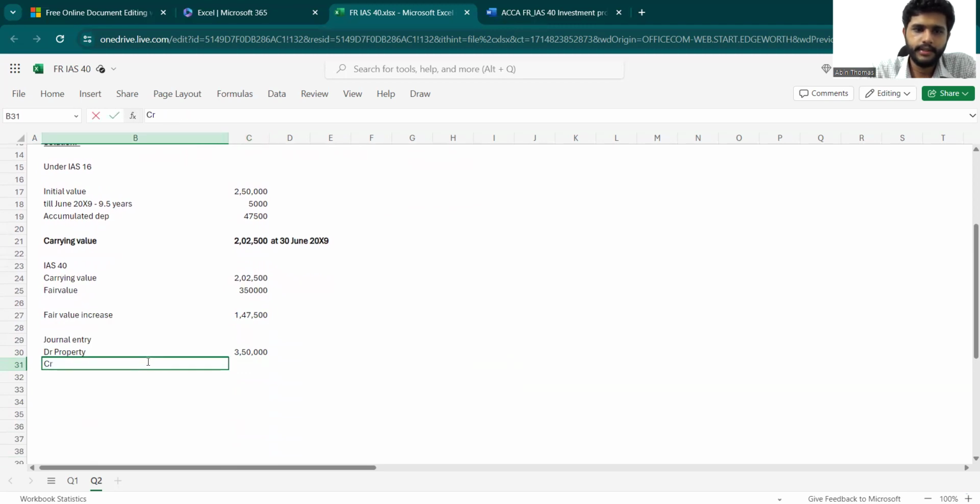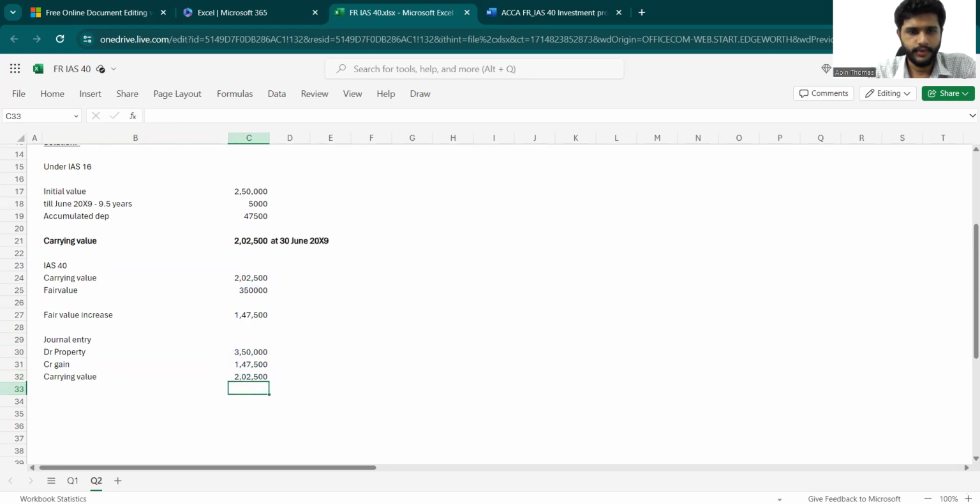We will be crediting the gain at 147,500, and crediting the property at its carrying value of 202,500.